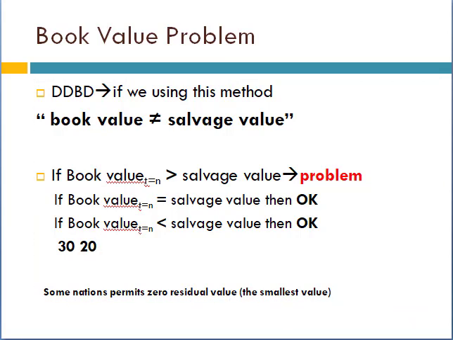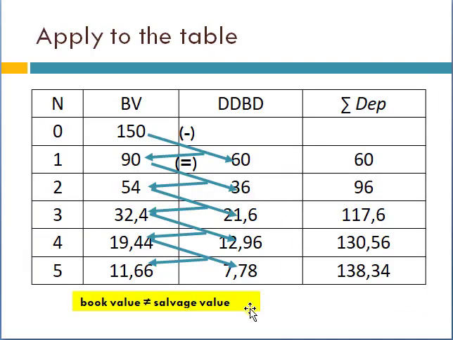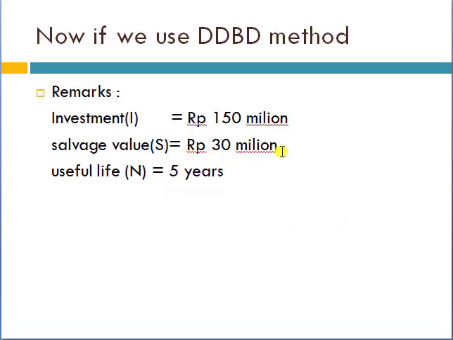Since our result is less than our salvage value, which is 30, you may estimate the salvage value based on the market. For example, you want to resell your handphone, so you may investigate the price of a handphone of the same brand from the same year. So let's say it's 1 million for your useful life, but your estimation is 500.